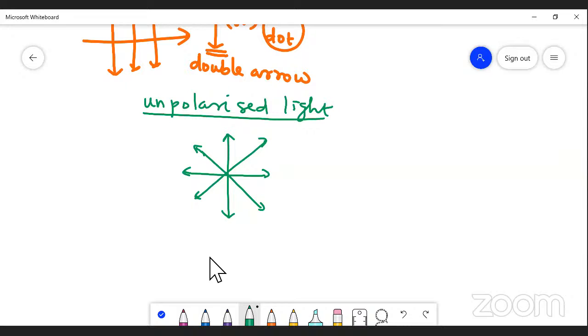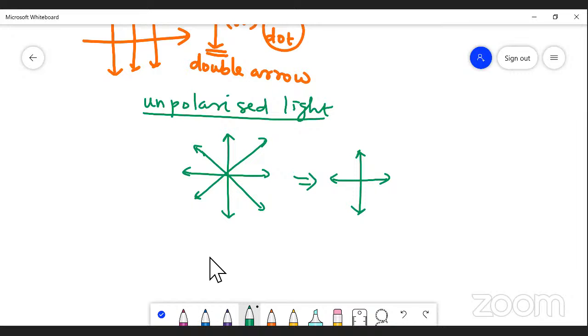The unpolarized light can also be represented by two mutually perpendicular double arrows like this. Okay, the two mutually perpendicular double arrows also represent unpolarized light. Why?